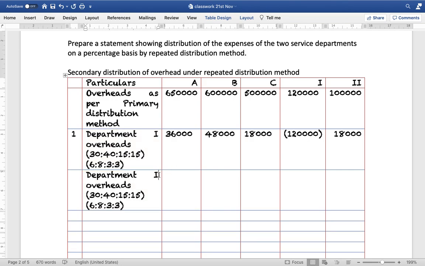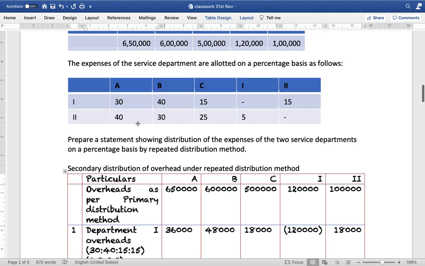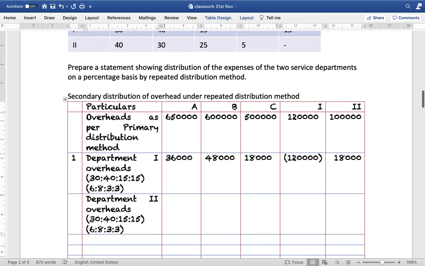Next, department 2. The ratio is 40:30:25:5. So we can make it as 8, 6, 5, 1. 1 lakh plus 18,000, so totally it is 1,18,000.